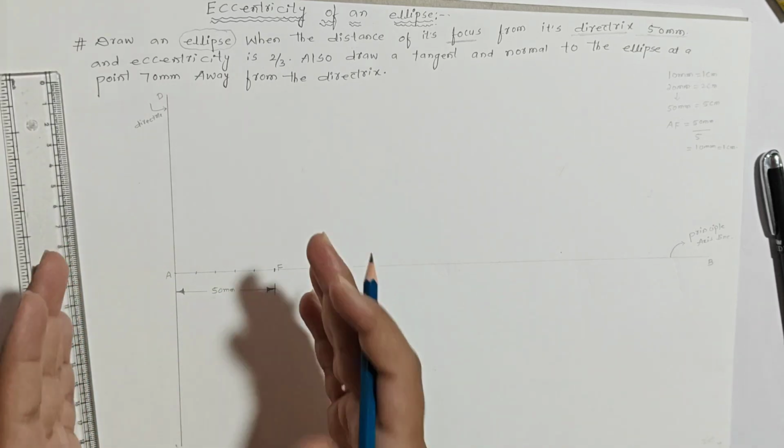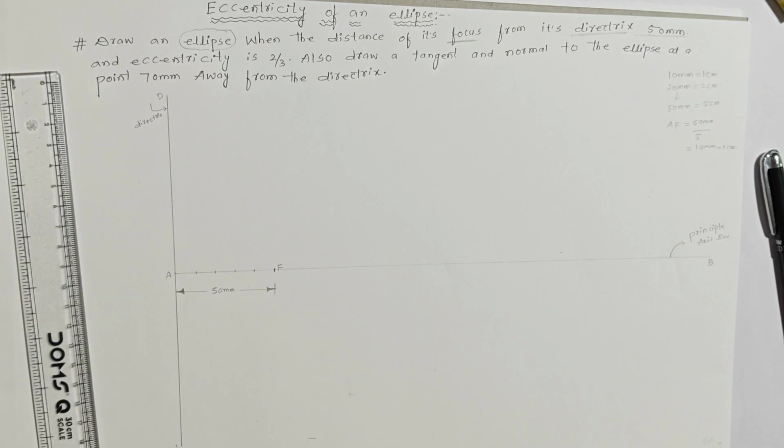But we want the vertex line. How will you get the vertex line? You will get the vertex line based on the eccentricity formula.